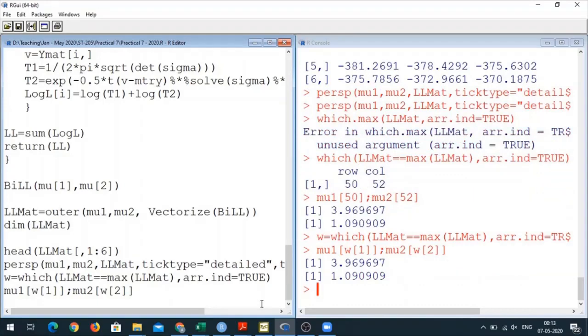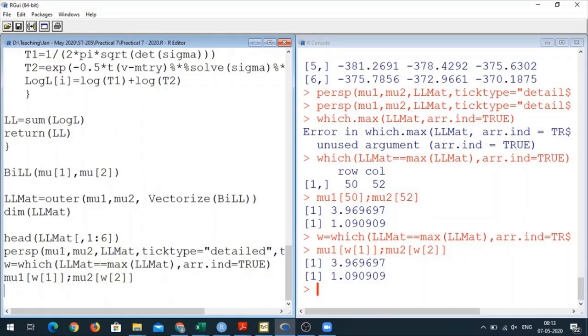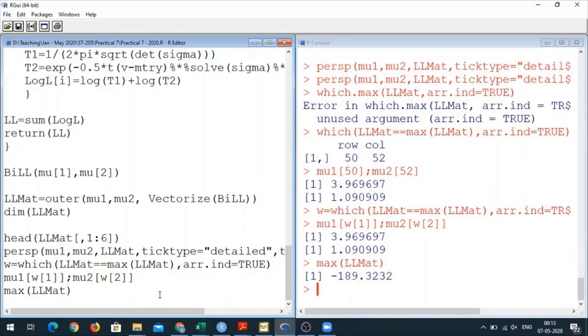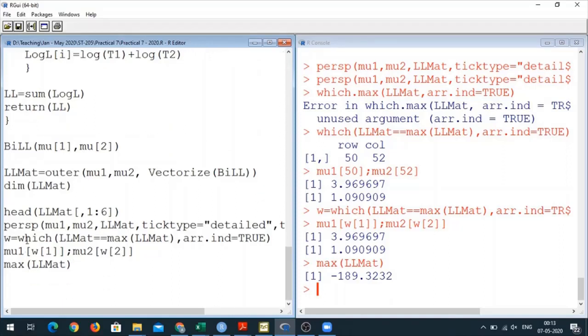Let us confirm that this actually gives me the maxima, and what is the maximum value, that also we will see. So maximum of LLMat is minus 189.3232.